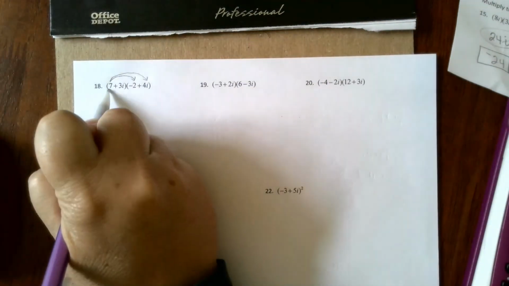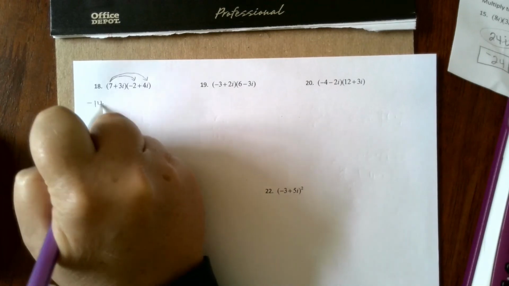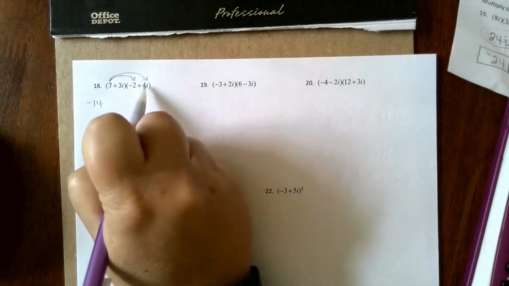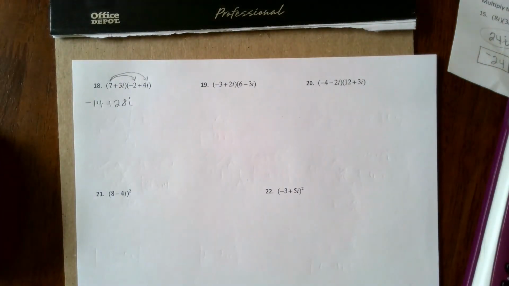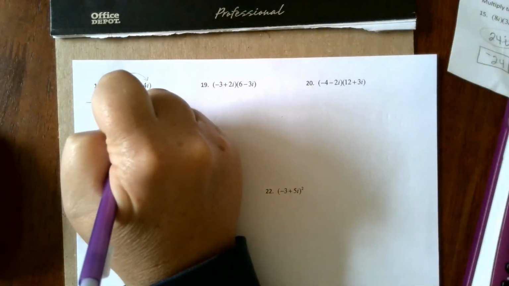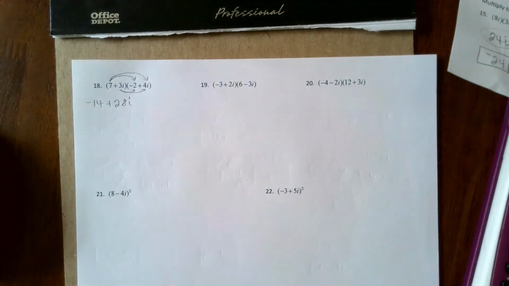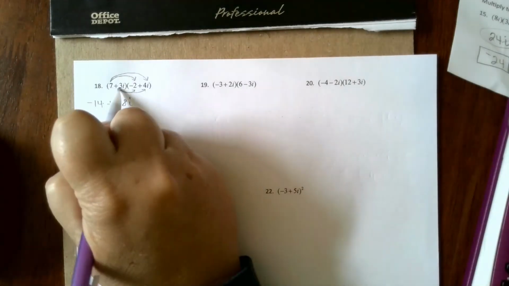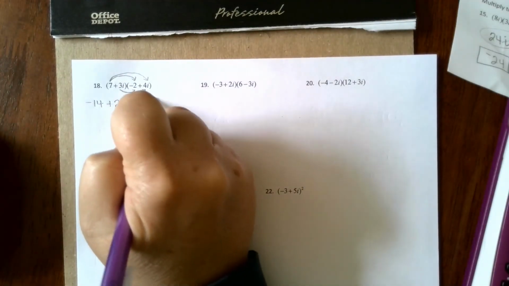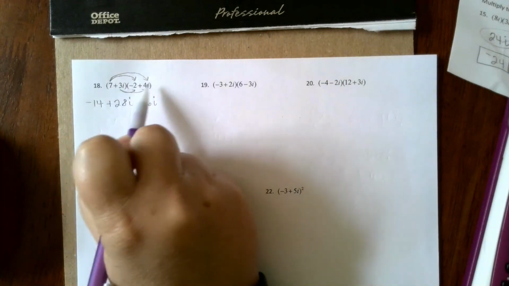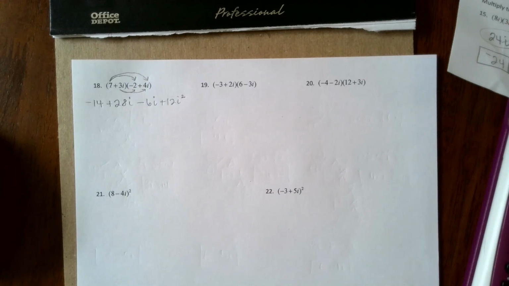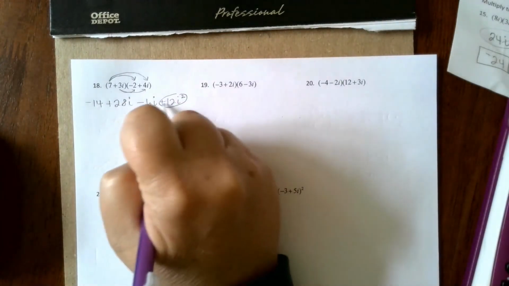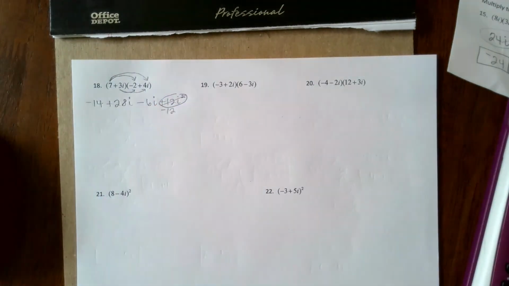So 7 times negative 2 is negative 14. 7 times 4i is a positive 28i. Now you take the 3i and you distribute it to both things inside the parentheses. So 3i times negative 2 is a negative 6i, and 3i times 4i is a positive 12i squared. Now you've got two things to do. This i squared means that this is going to become a negative 12.